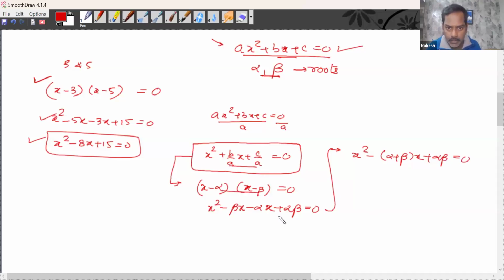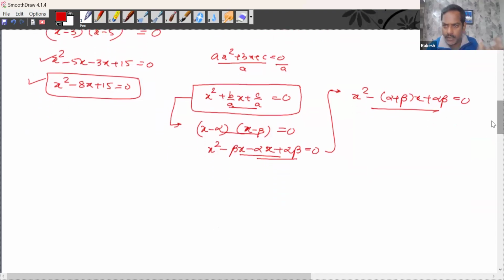This should be equal to this, and this is equal to this. Simple. So what I'm doing is that I'm just ignoring the RHS. LHS would also be equal. So here we can say that x square plus b by a x plus c by a should be equal to x square minus alpha plus beta x plus alpha beta.